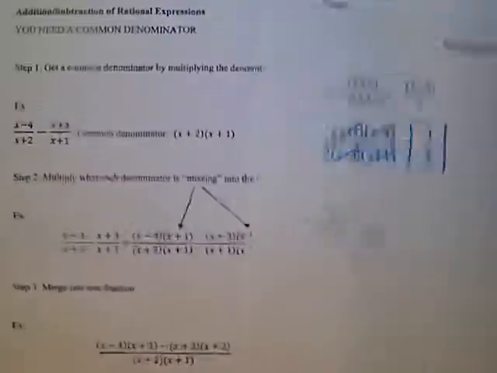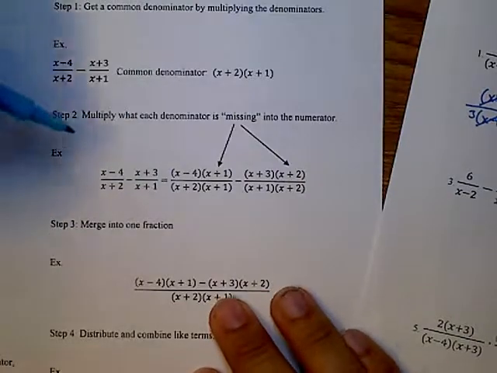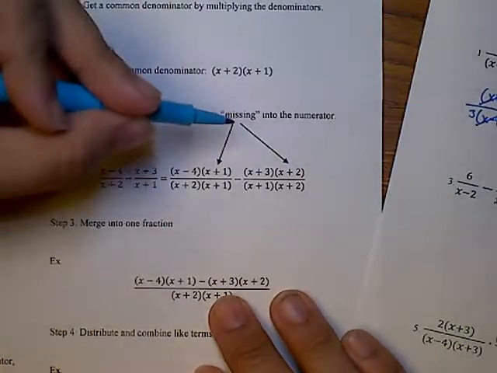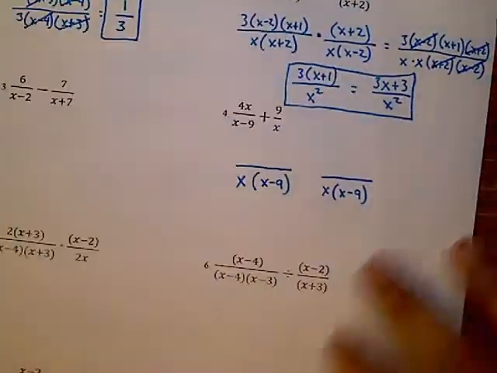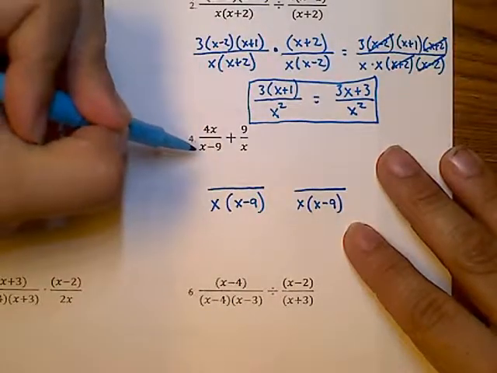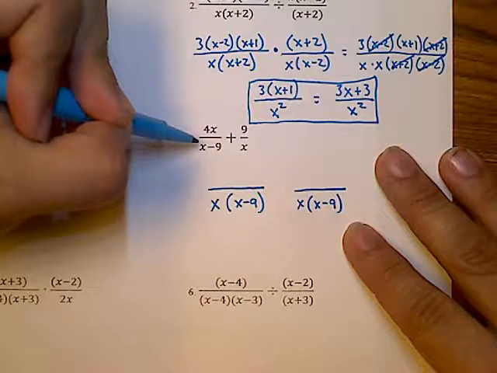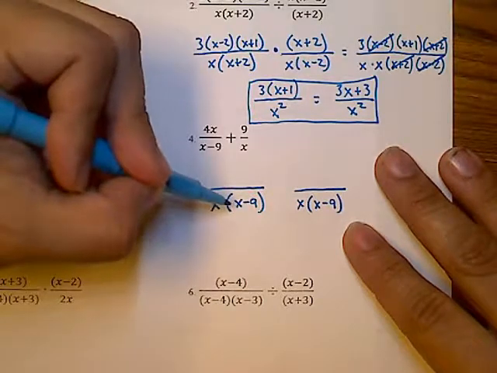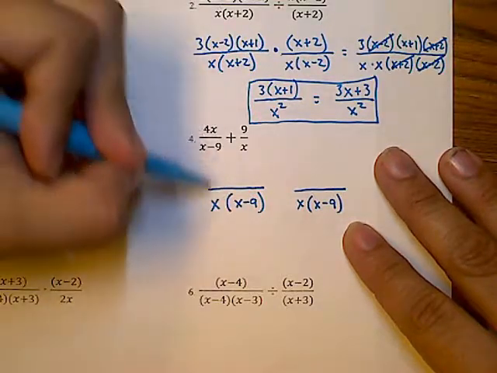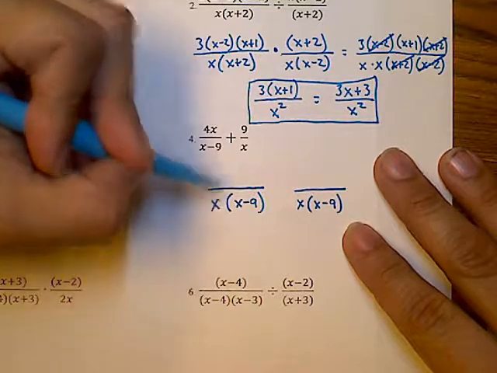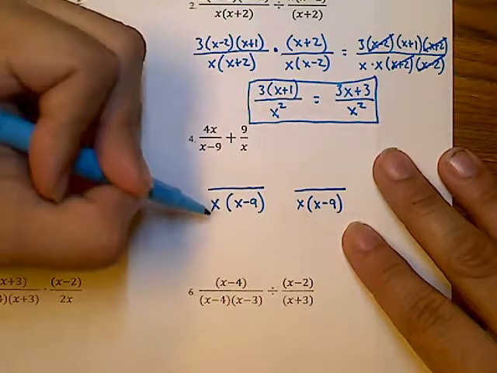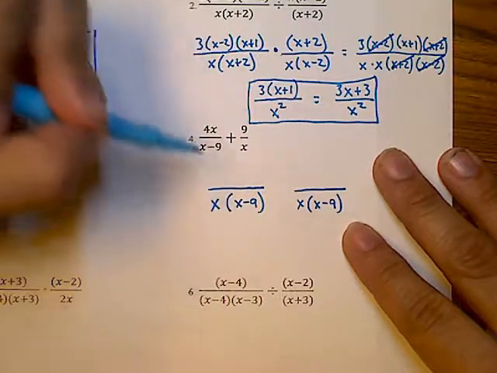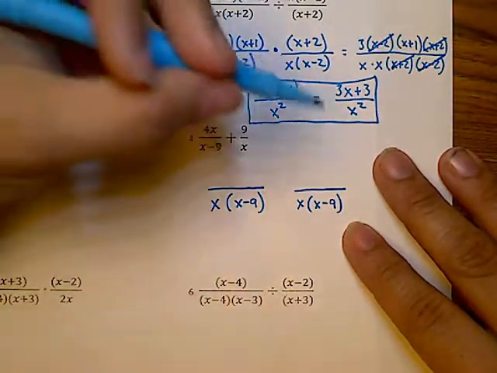The next step says to multiply what each denominator is missing into the numerator. If we get a look at this over here, I need to turn this fraction into something that has this denominator. The difference between this one and this one is that this one here has an x, while this one up here does not. Because I multiplied an x into this denominator, I also have to multiply it into the numerator.